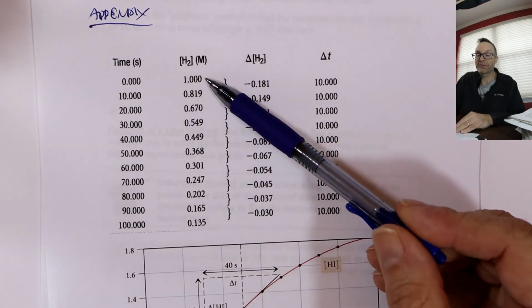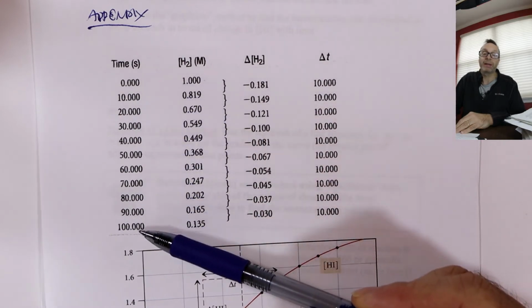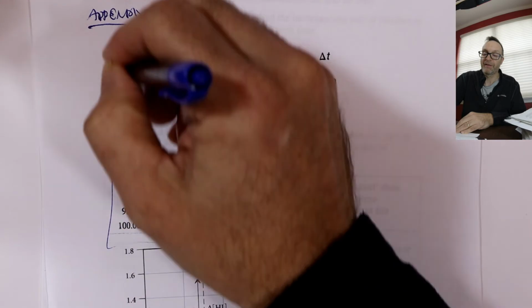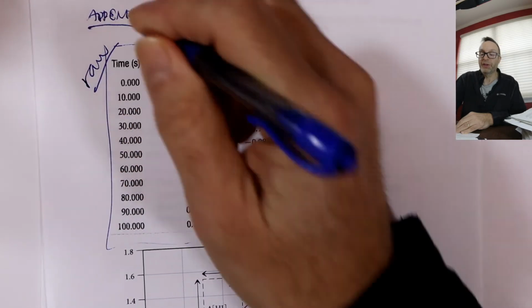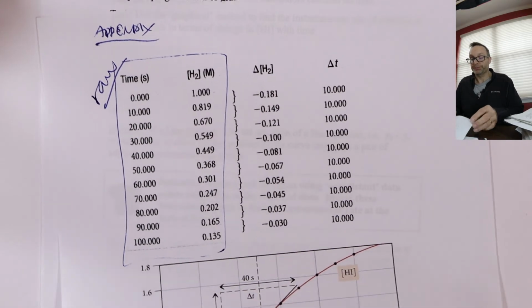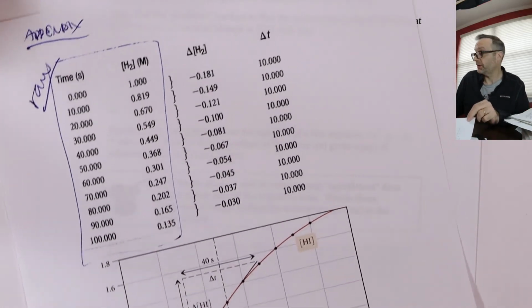You just measure the concentration somehow of a reactant or product with time. So that's your raw data. And then the question is, well, how do we use that raw data to calculate rates, right? Okay, so keep this on the side. We'll come back and look at it as we go through.